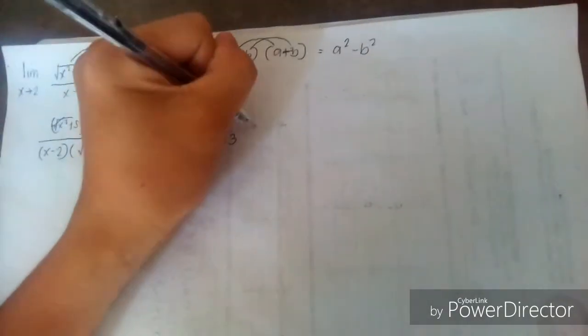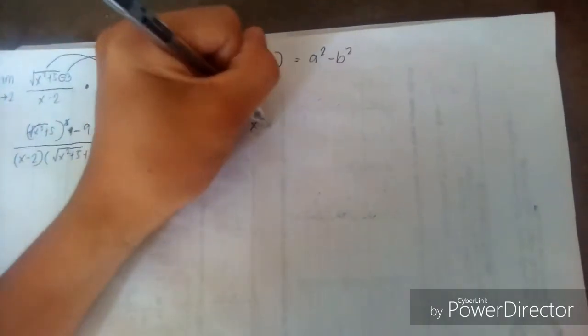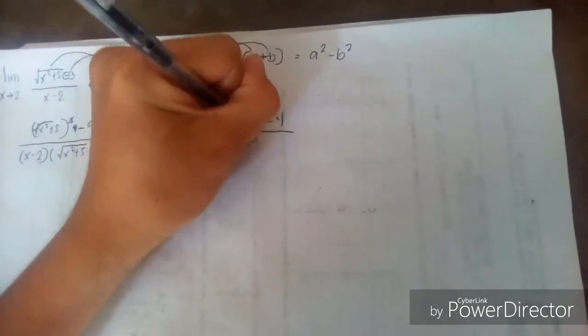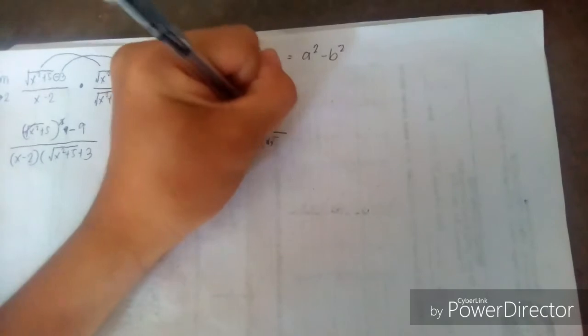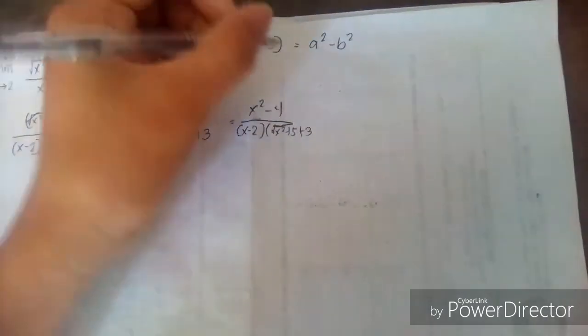And then copy the x squared. So 5 minus 9 is negative 4. Then copy the denominator, square root of x squared plus 5 plus 3.